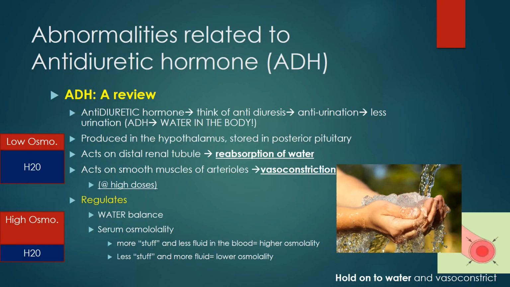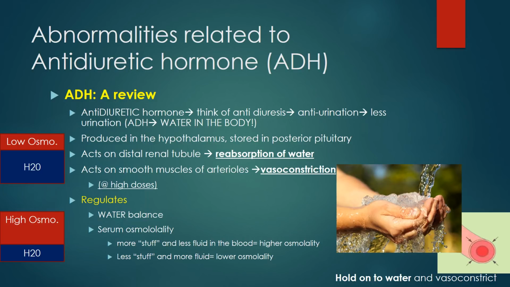Another thing to be aware of is that high doses of ADH actually cause vasoconstriction. When I say high doses, this often refers to administering ADH IV, giving our patients synthetic ADH. Some of you may have been in the ICU seeing patients on vasopressors, things like norepinephrine, phenylephrine, etc. These are given to increase a patient's blood pressure, often a patient who's in shock or really hypotensive.